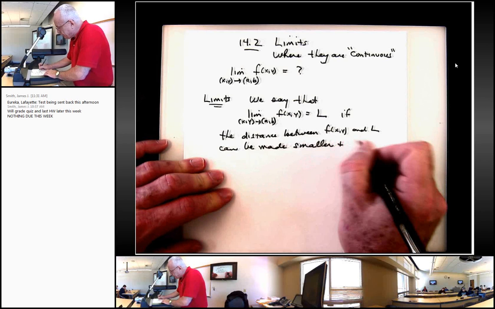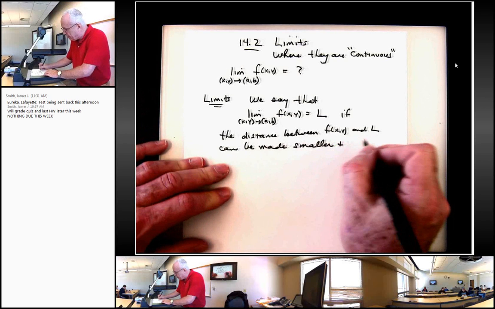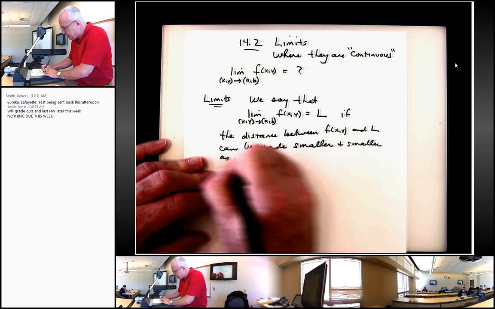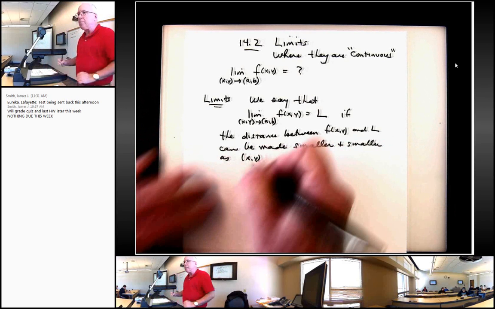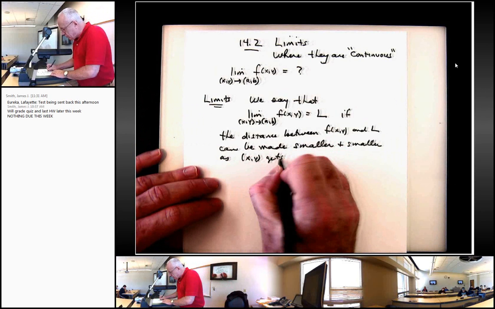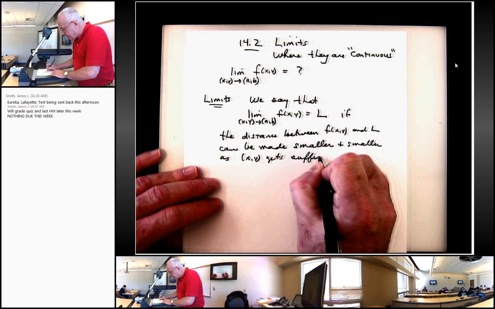The distance between the function and the number L can be made smaller and smaller as x comma y, my ordered pair, gets sufficiently close to a comma b.